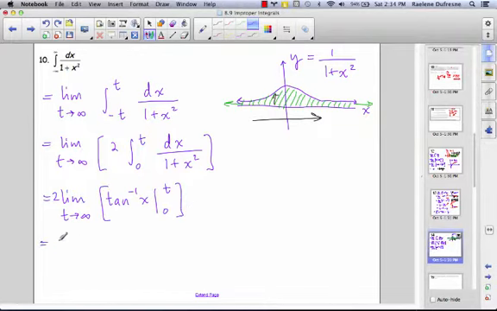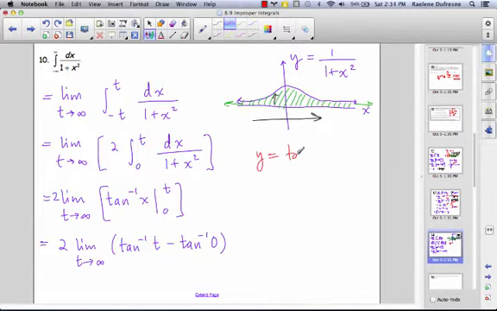So this gives 2 times the limit as t approaches infinity of tan inverse of t minus tan inverse of 0. So we're going to take a look at the graph of y equals tan inverse of t.